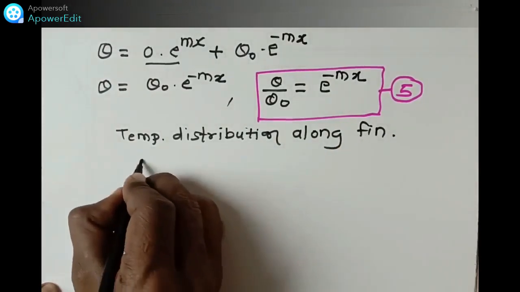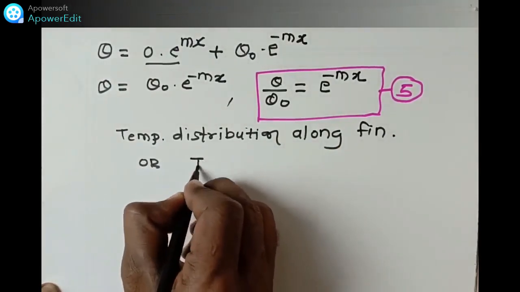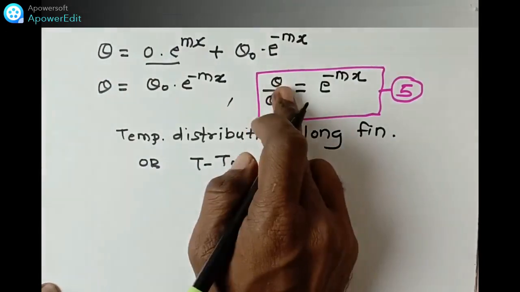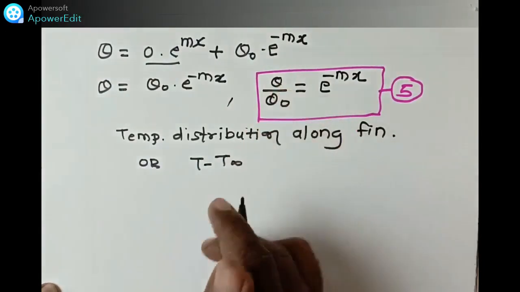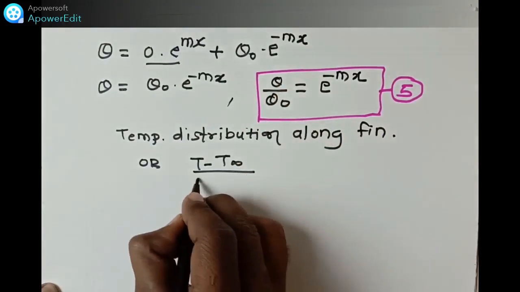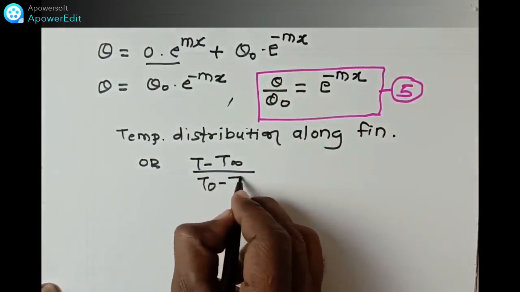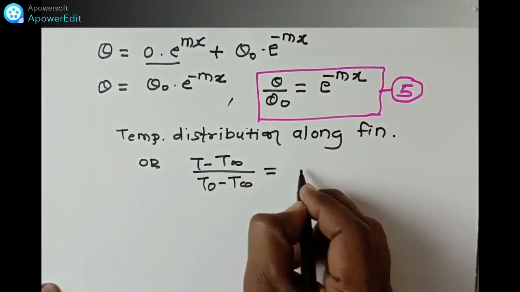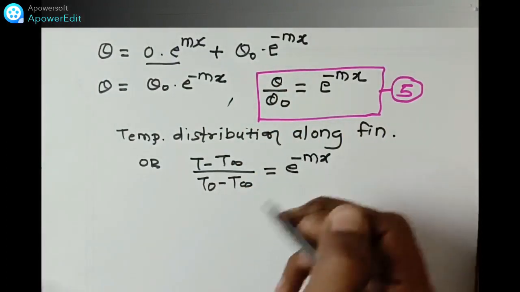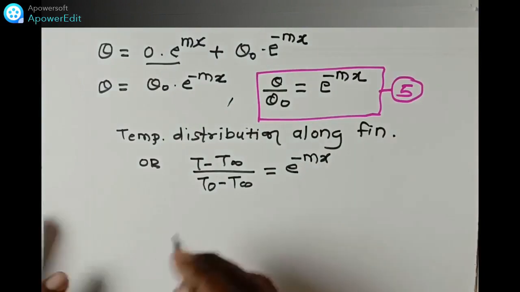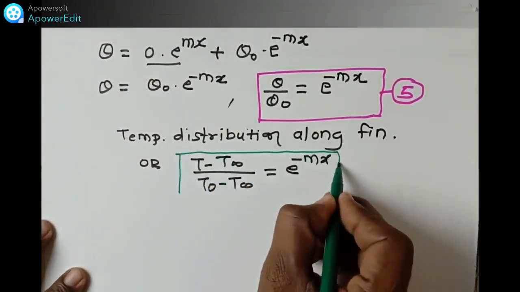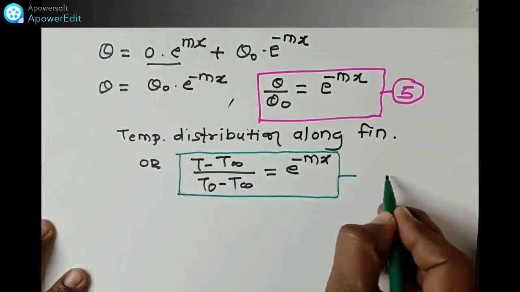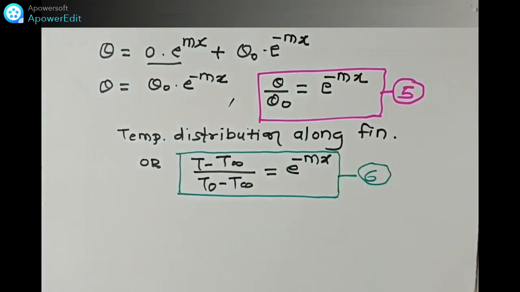This can be written in this way also, that is, T minus T infinity for theta, as we have already seen in the figure, divided by, for theta 0, we had T0 minus T infinity, is equal to e raised to minus mx. Say equation number 6. So this was the first part, that is part A, boundary condition.